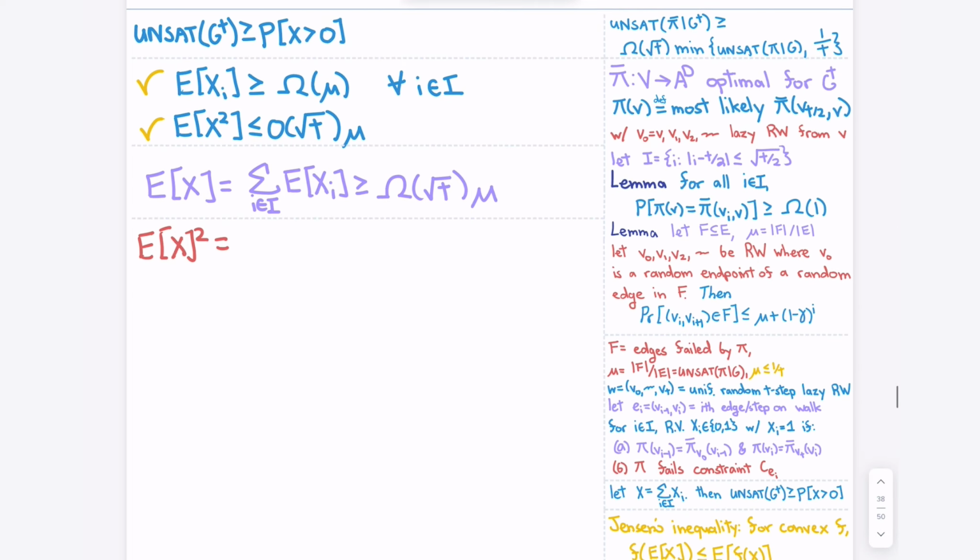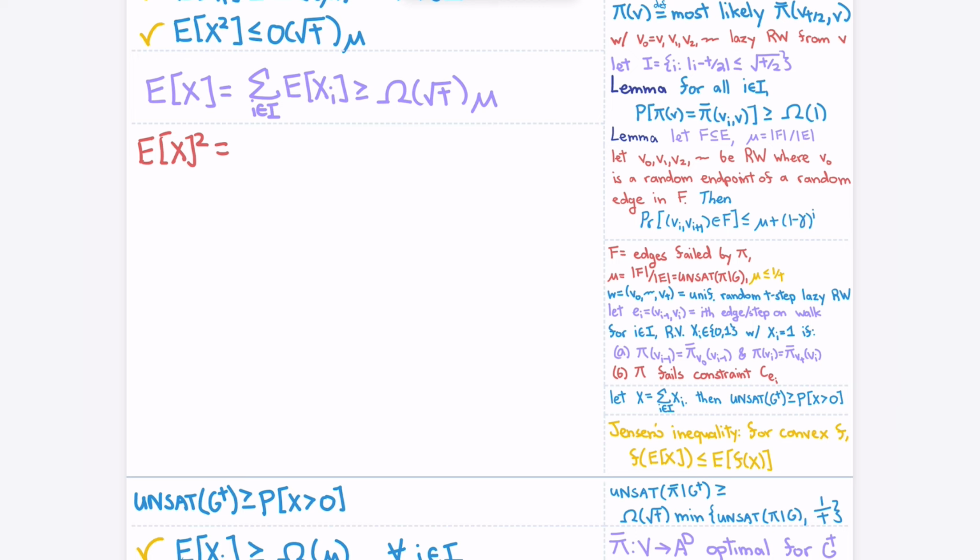All right, good. We are making progress. Ultimately what we want to do is say, okay, here's a claim: the probability that X is greater than 0 is at least the expected value of X squared divided by the expected value of X squared.